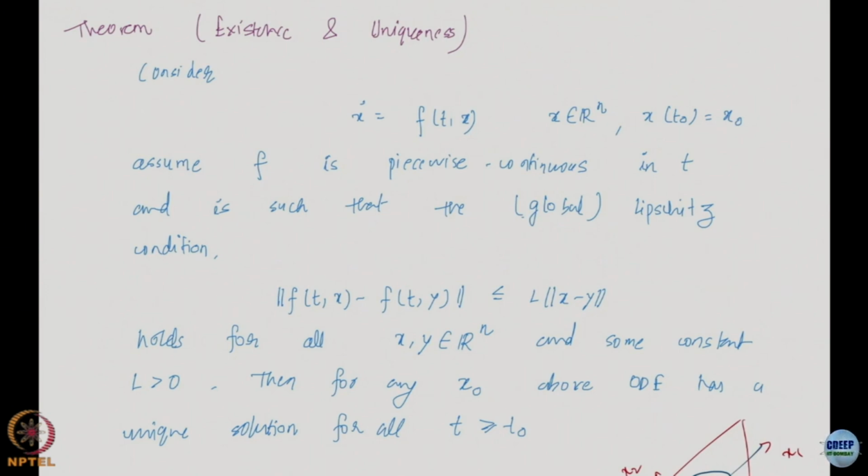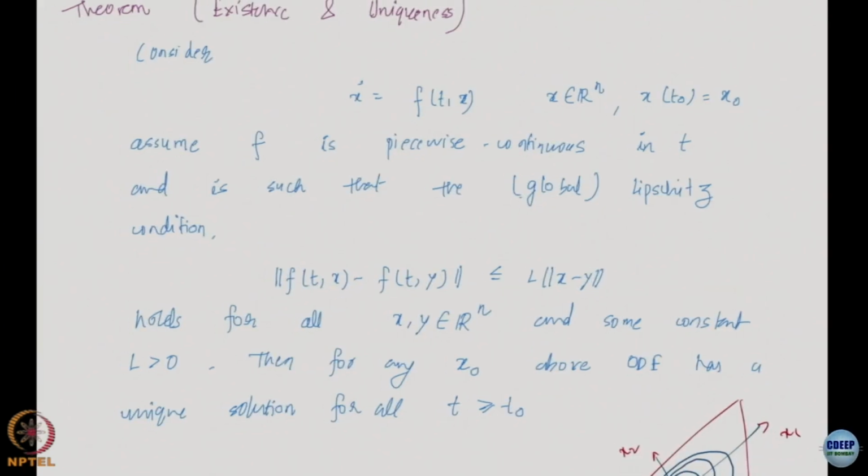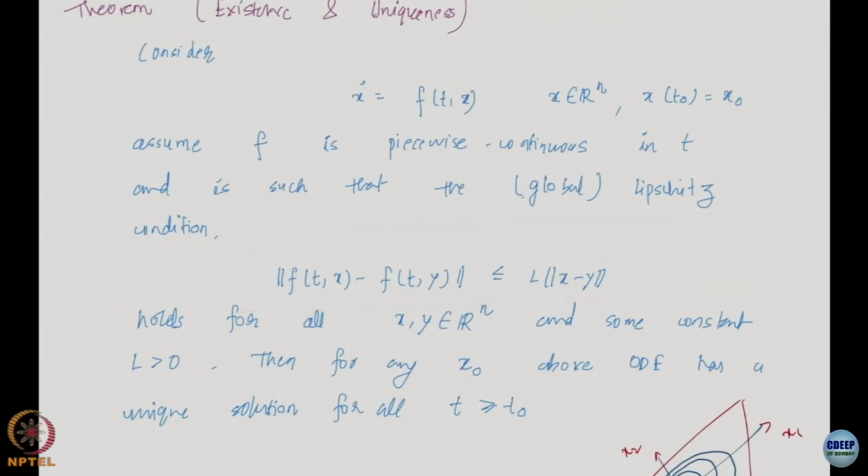What is it? If you have this system, x dot is f(t,x), x is in R^n, x(t0) = x0, we assume that f is piecewise continuous in time and satisfies a global Lipschitz condition in x, the states, that looks like this. This is a regularity condition, sort of a smoothness condition.